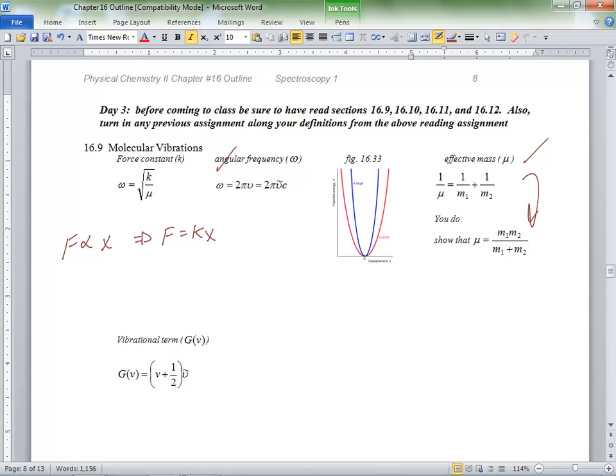Now they call it effective mass, kind of a better word. What type of molecule are we talking about if we're going to use this equation? Diatomic.